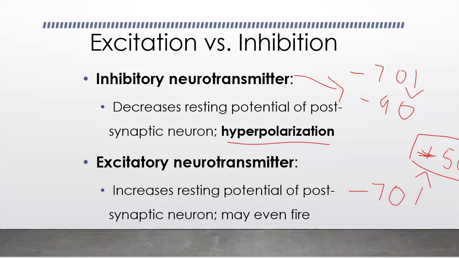So with an excitatory neurotransmitter, we may even get the cell to fire, because we're increasing the resting potential from negative 70 to negative 50. Okay? So I want you to keep that in mind.